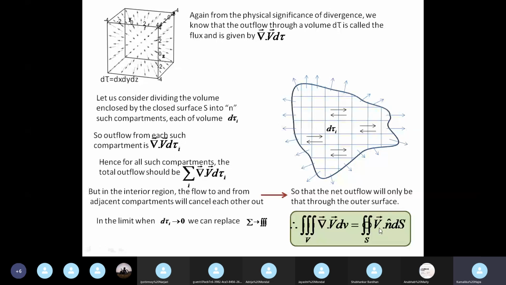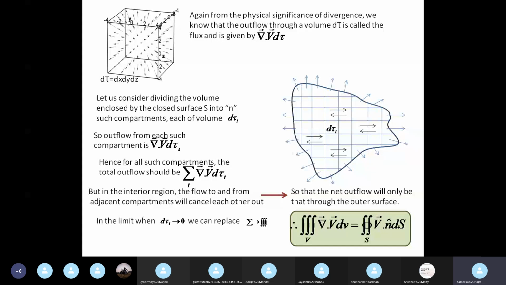And from this volume interpretation, we see that the volume integral of divergence V dV is also giving us the flow through the outer surface. So this is why the divergence theorem can relate the surface integral over a closed surface to the volume integral of the volume enclosed, for the same vector but the divergence of the vector.